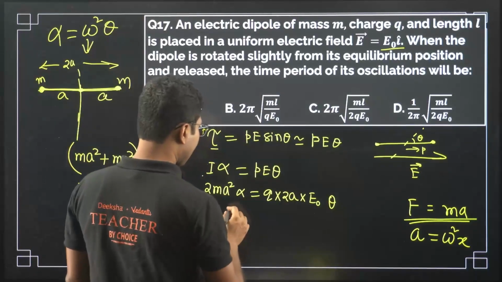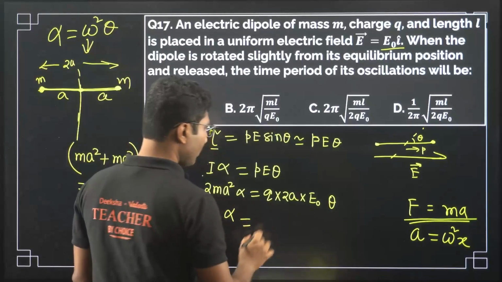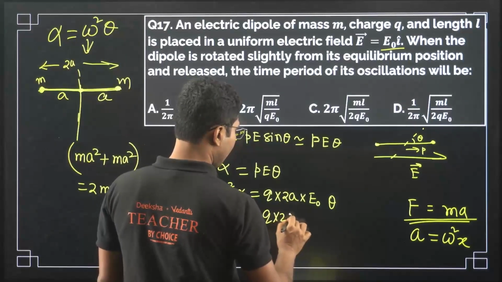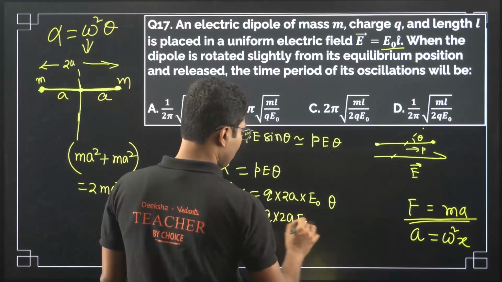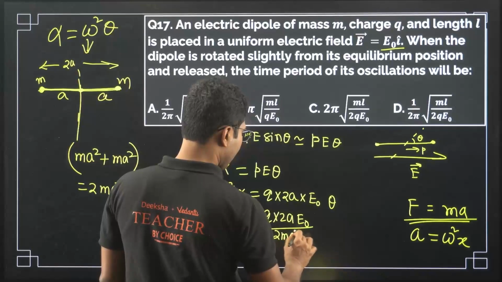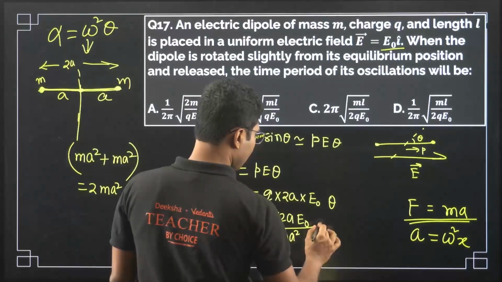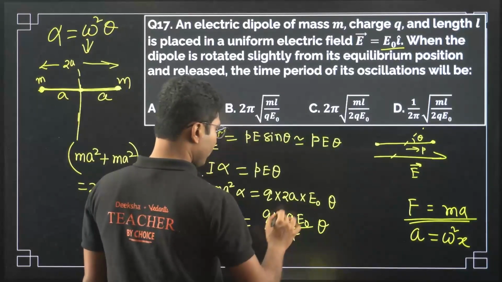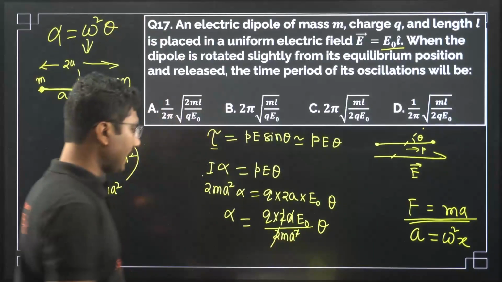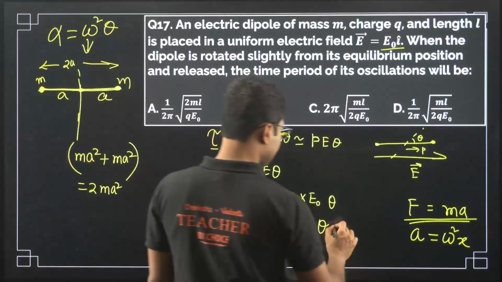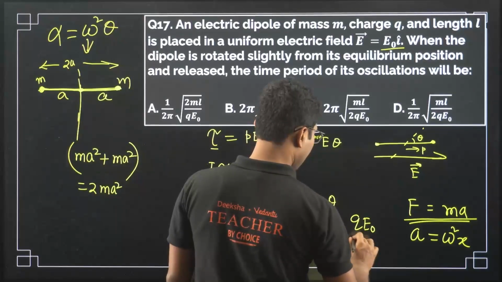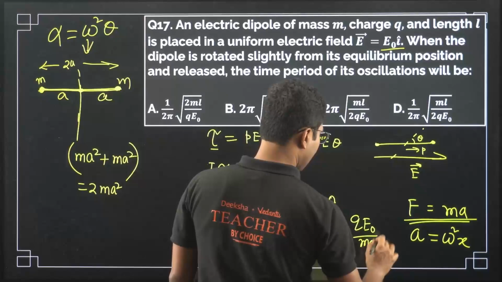From here we can calculate alpha. Alpha equals q into 2a E naught divided by 2m a square, theta. So 2 cancels, one of the a will remain in the denominator, so you get q E naught by m a, theta.